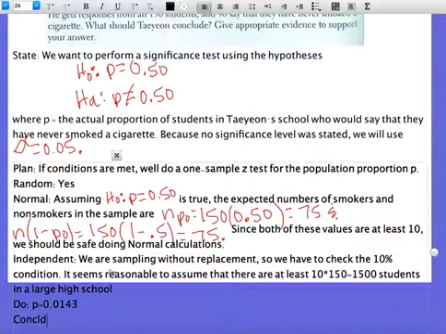So now you're going to conclude. So now remember, you're going to compare that p-value to your alpha that you were using for your significance level.